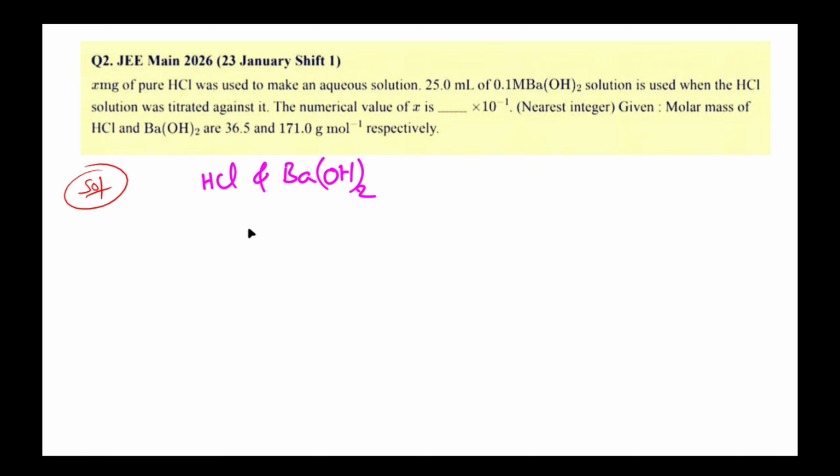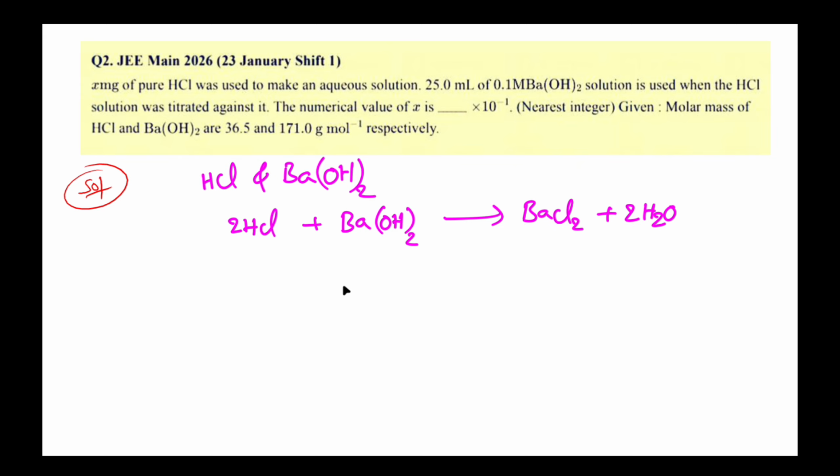The reaction is: 2 moles of HCl react with Ba(OH)2, giving barium chloride and water. So from this reaction we find that 2 moles of HCl react with 1 mole of Ba(OH)2, giving 1 mole of barium chloride and 2 moles of water.